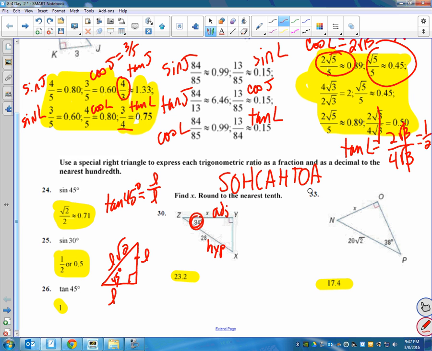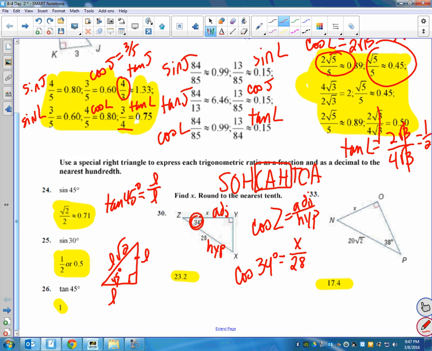You can't use tangent, because we don't know the opposite side, so that's how you know that you're using cosine, and you do the cosine of the angle, and I'm going to kind of write the formula out if this helps you. The cosine of angle z equals the adjacent side over the hypotenuse. And then this is where you need a calculator. The cosine of 34 degrees equals the adjacent side, which is x, over the hypotenuse, which is 28. So definitely you need a calculator.